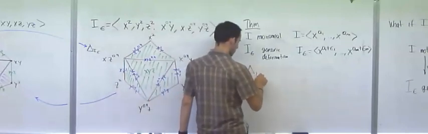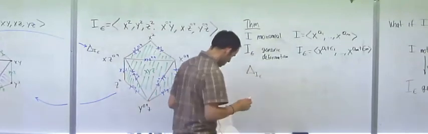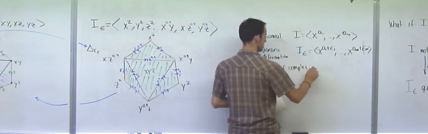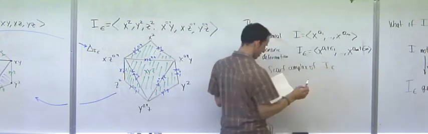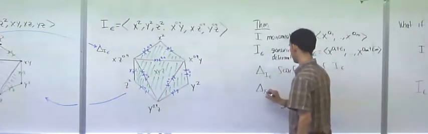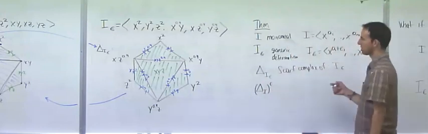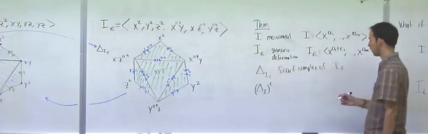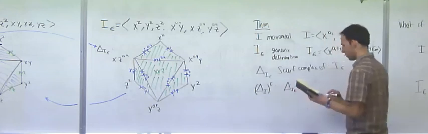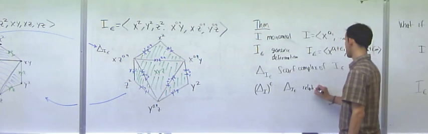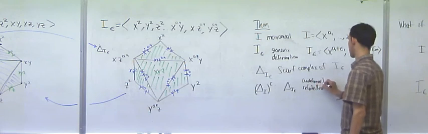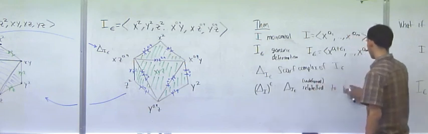Then if you take the Scarf complex of this, what we're going to do is define this thing to be basically what you get when you undeform. So this is going to be the same thing as this, relabeled, or in other words, undeformed, to set the epsilons equal to 0 again.